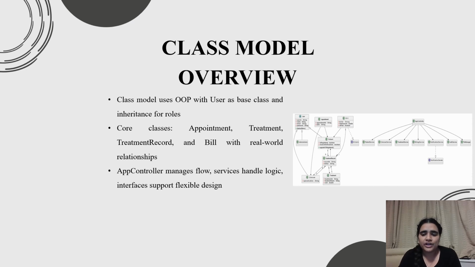The app controller has the role of coordinating the activities of the system, whilst the service classes handle the business logic. Interfaces that provide customized behavior are notification sender and billable. Generally, the class model makes sure that the system is modular, roles are specified, and components interact with each other effectively.